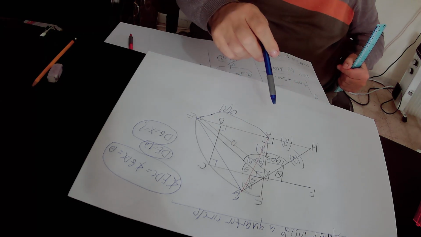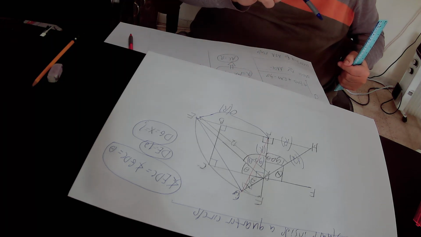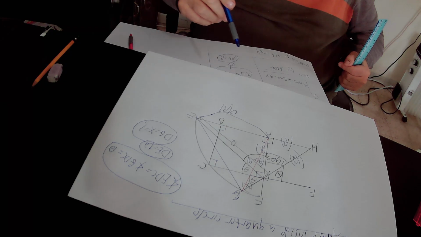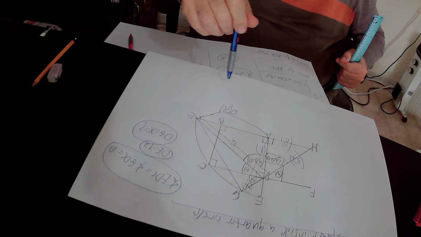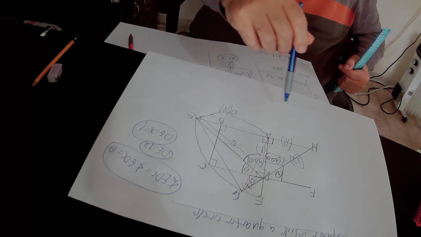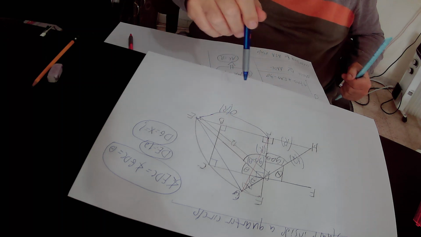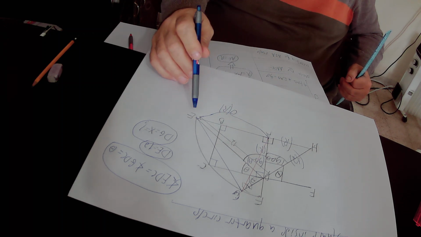We know that its center is located here at point A, and that the circle must pass through the three vertices H, G, and E. So the center is at point A, and the circle passes through point E.